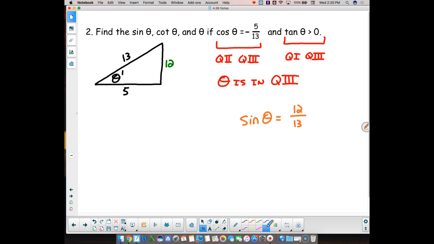But because it's in quadrant 3, and sine is negative in quadrant 3, it's negative 12/13. Cotangent of theta is adjacent over opposite, so it's 5/12. Cotangent in quadrant 3 is positive, so that's going to stay 5/12.